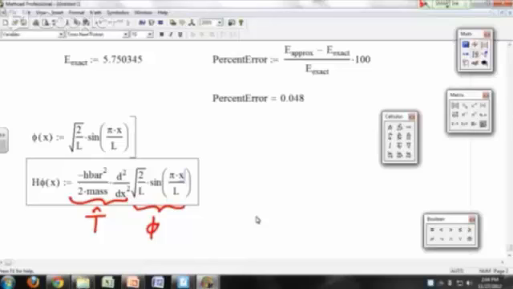We need the potential energy term here because we have a perturbed system.